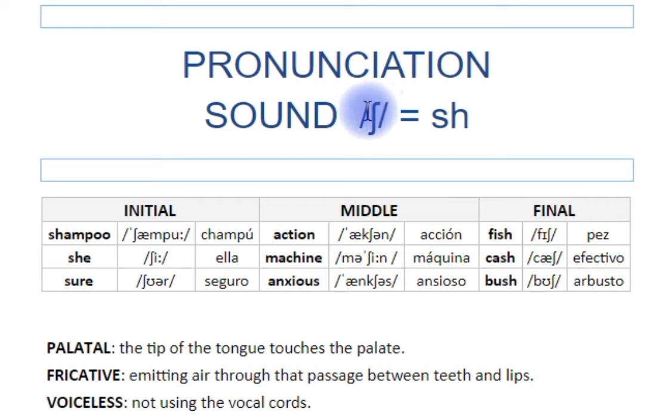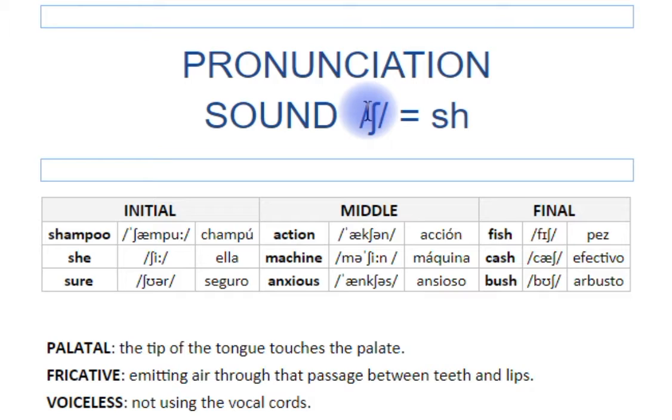I would say that this sound is like an emblem, a very distinguishing sound in the English language. Therefore, it's really important that you take your time and practice really slowly each word, each syllable, each time that you find this sound, so that you become an expert, because it's a really important sound in the English language. And also because you don't have it in Spanish.